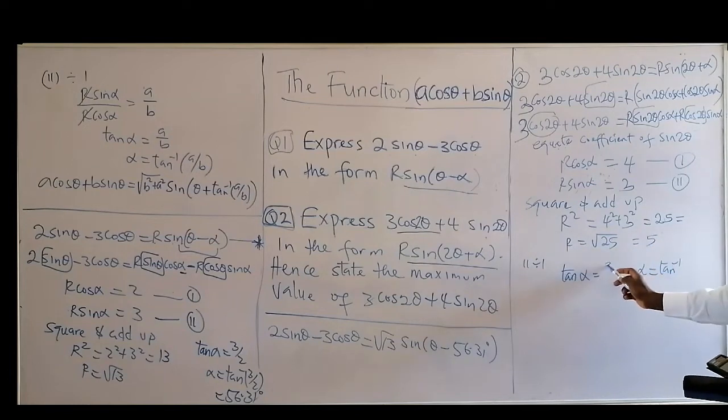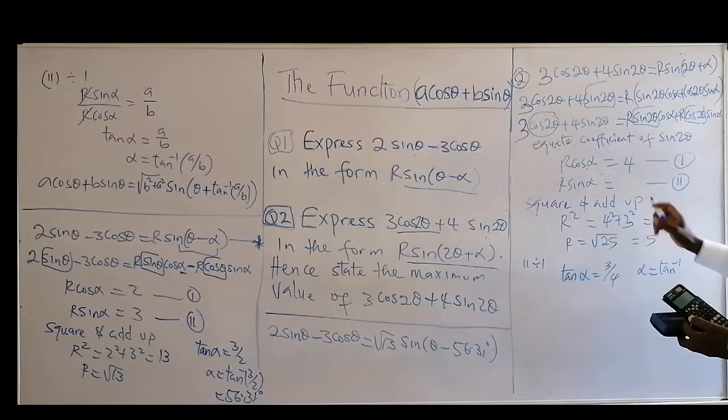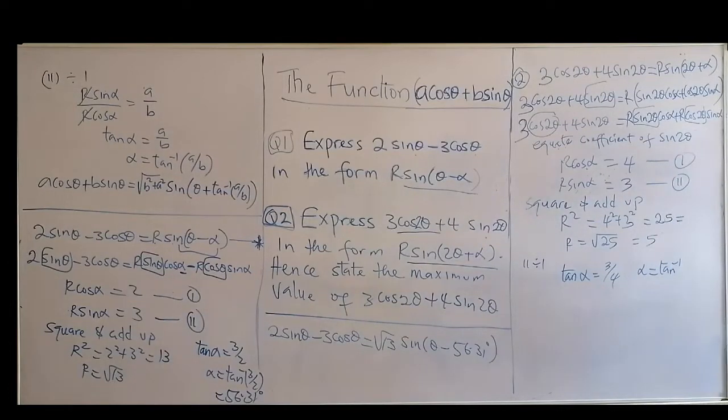And tan alpha will be 3 over 4. Then arctan 3 over 4 is 36.887 degrees. Okay, so that's that.